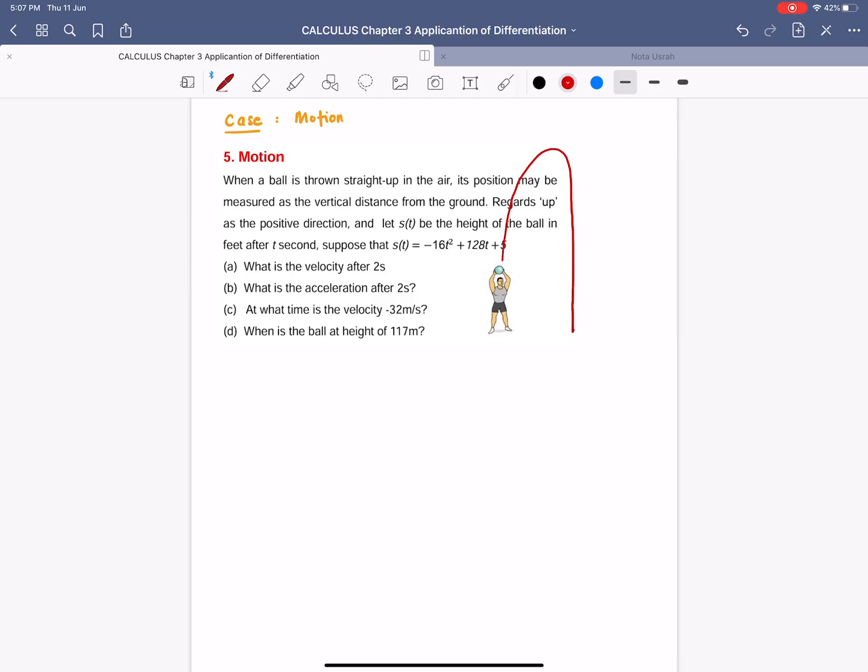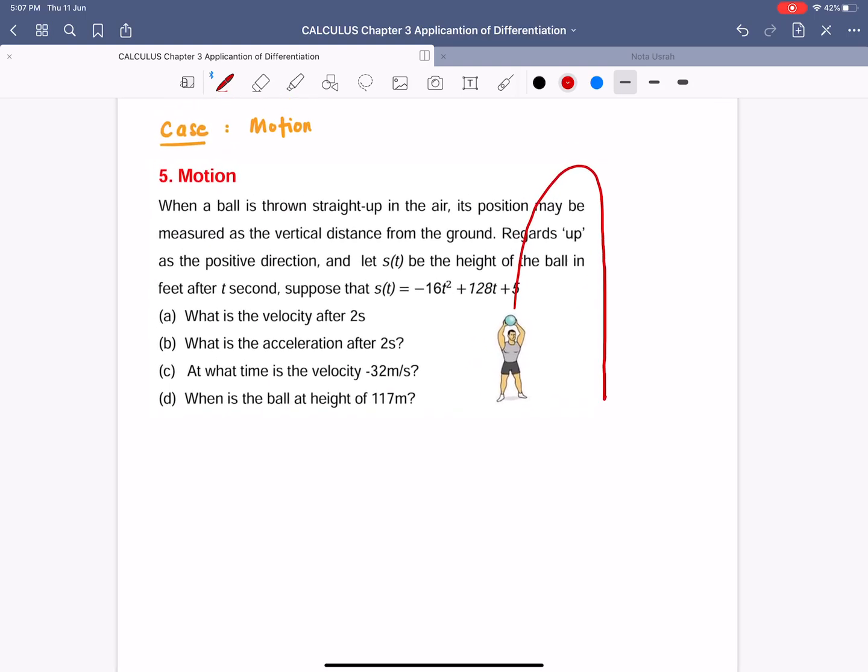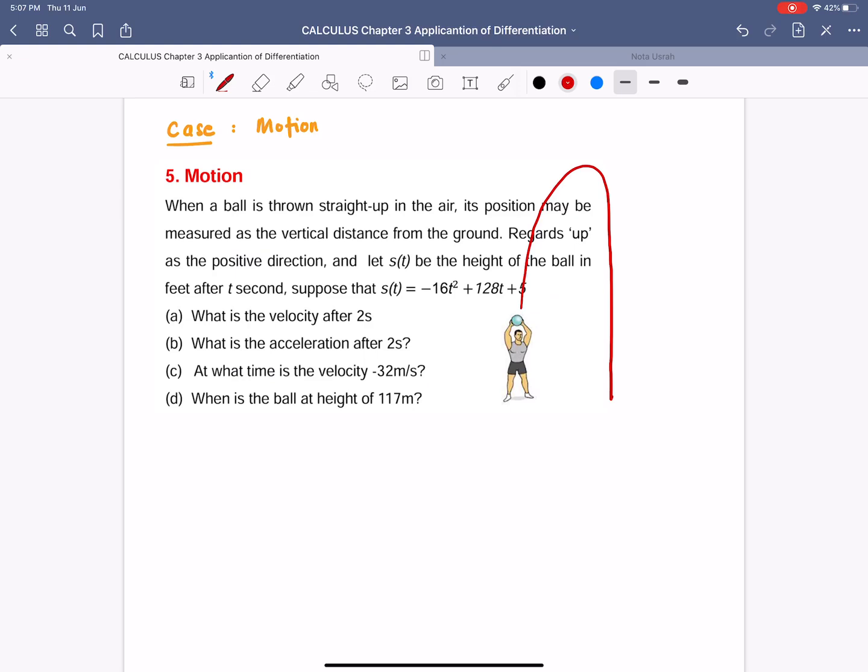Regard up as the positive direction, and let s(t) be the height of the ball in feet after t seconds. Suppose that s(t) is negative 16t squared plus 128t plus 5. What is the velocity after 2 seconds?